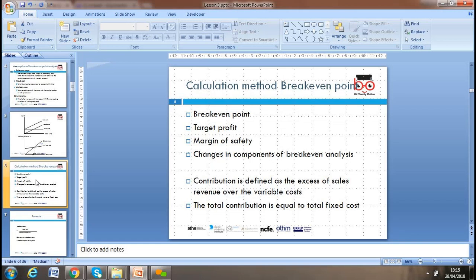Then margin of safety. What is meant by safety or margin of safety? Anybody heard about it before? Yes, sir. What is meant by safety then? Safety level is the area that is safe or not really harmful for the business.